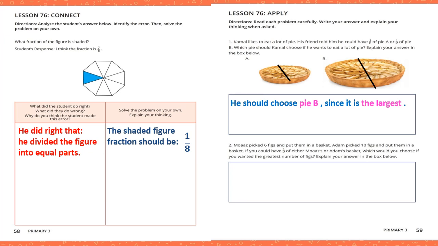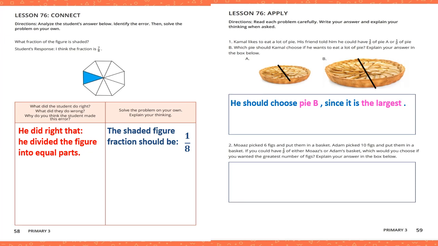Number 2. Muaz picked 6 figs. He put them in a basket. And Adam picked 10 figs. He put them in a basket. So Muaz has 6 figs and Adam has 10 figs.